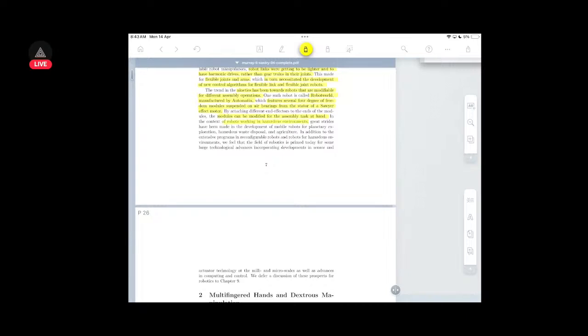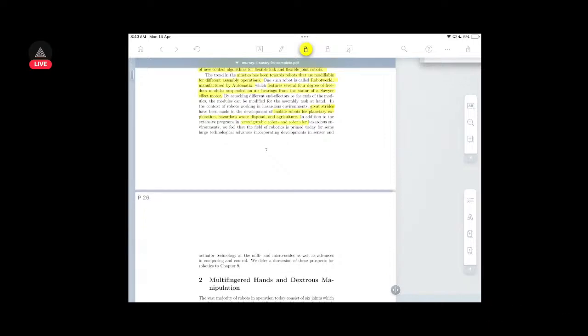Robots were working in hazardous environments. Great strides had been made in planetary exploration, hazardous waste, and mobile robots.